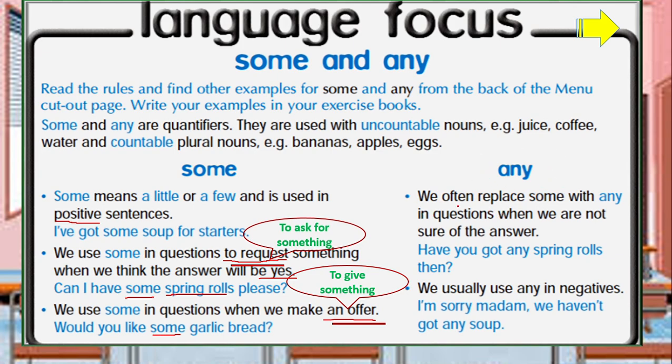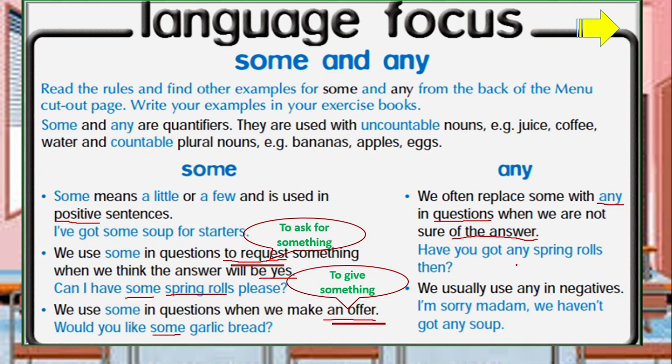We often replace some with any in questions. So also, students, we use any in questions in some cases when we are not sure of the answer. I am not sure if the answer is yes or not. If you are not sure, then use any in your question.